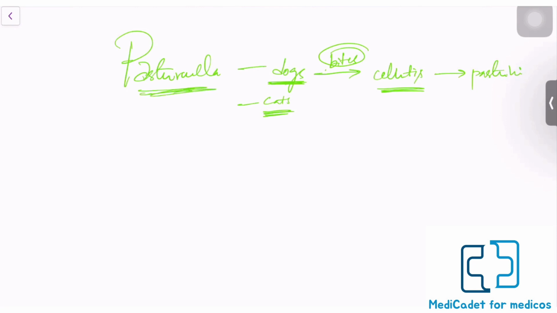They'll ask you about the diagnosis, or at maximum they'll ask you about the treatment, where you're going to give either amoxicillin or the fluoroquinolones, like the ciprofloxacin, or the cipro.